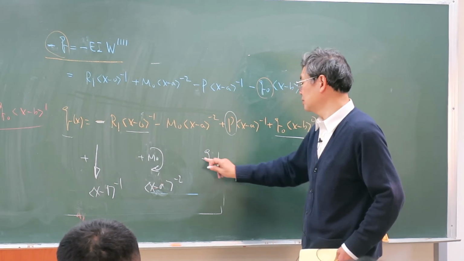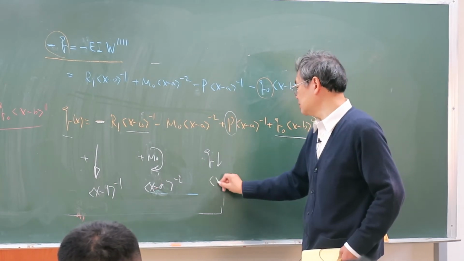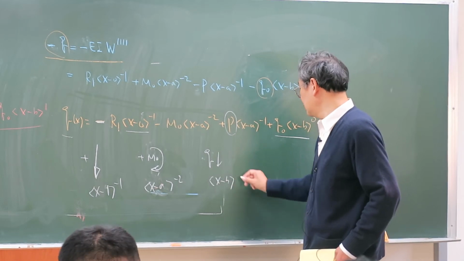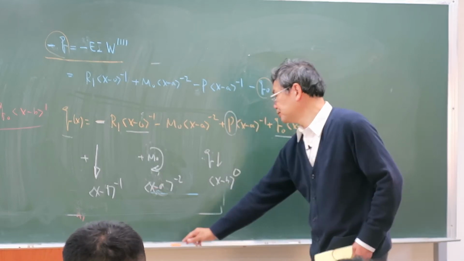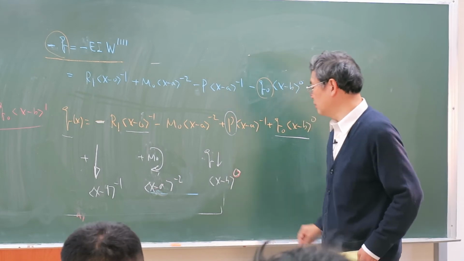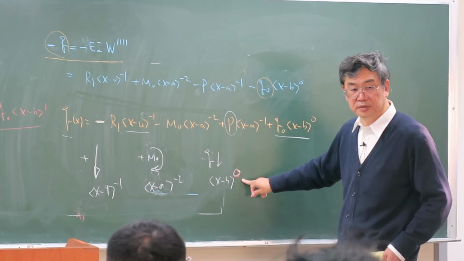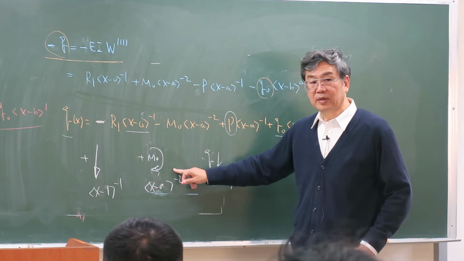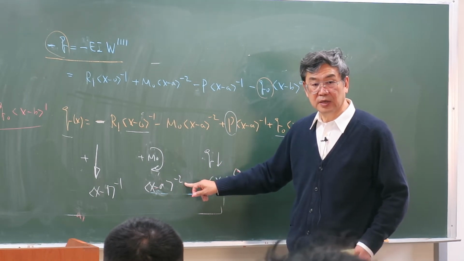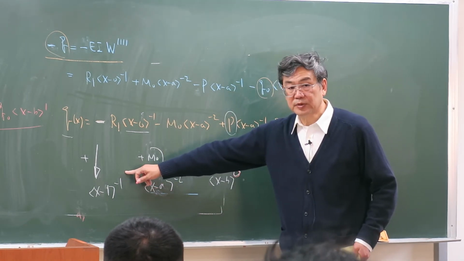Okay, it's downward Q, with ⟨x−b⟩ to the 0. So the order for loading Q is 0. For moment, −2. For concentrated P, −1.